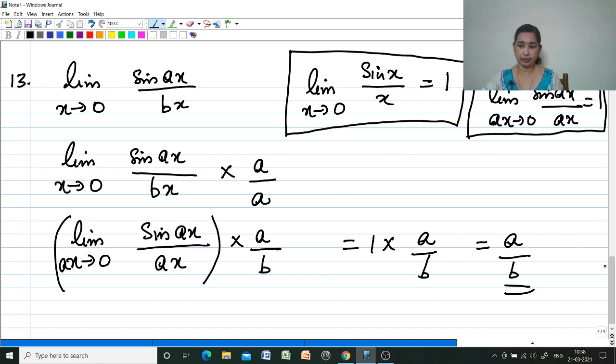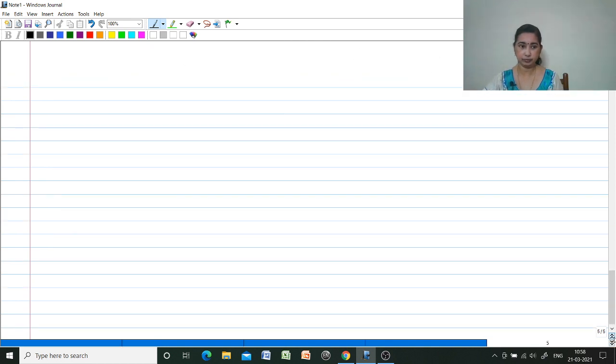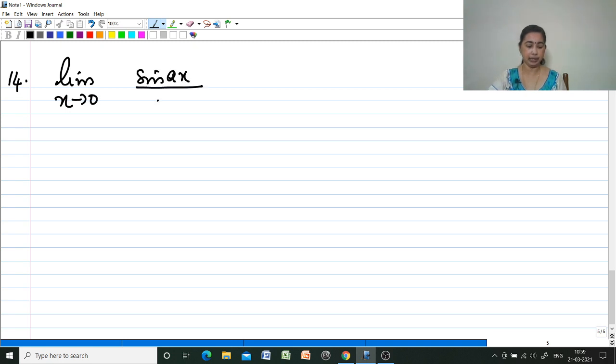Now, next one, question number 14. Limit x tends to 0, sin Ax by sin Bx. We know that in order to apply the limit, the denominator of sin Ax should be Ax.